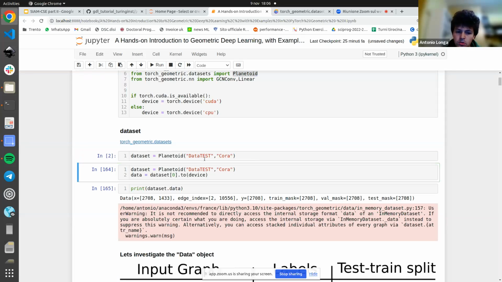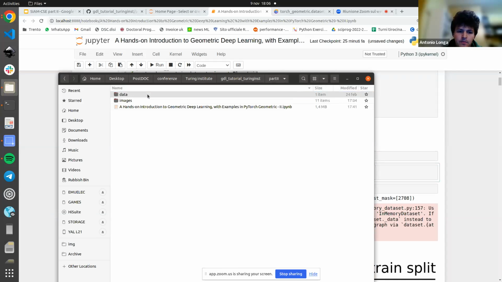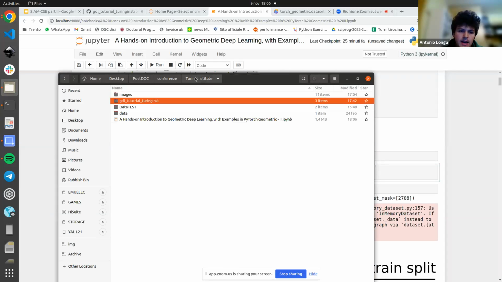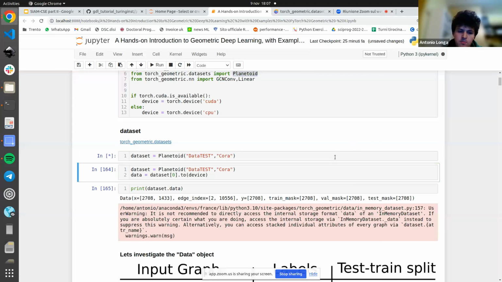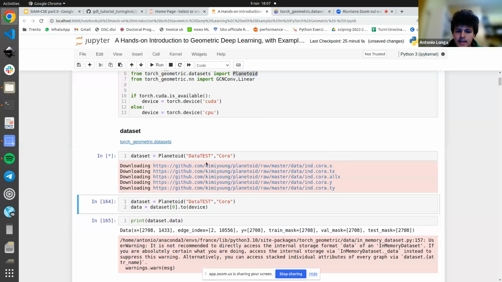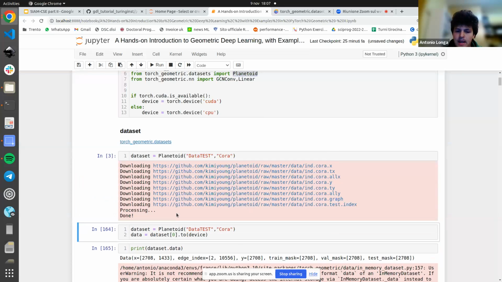If I execute this, the framework automatically downloads all the files and stores them in this folder.